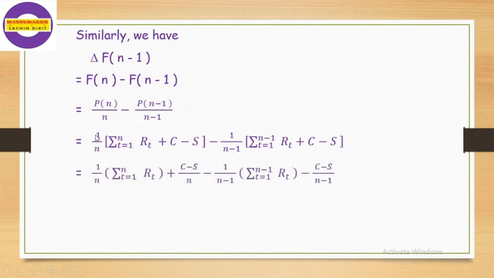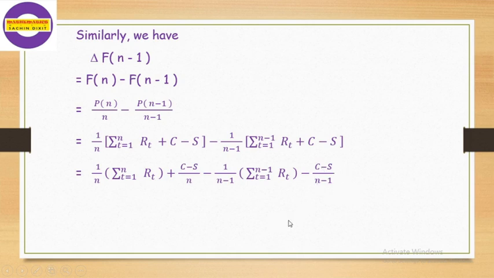Now again multiply this 1 upon n to this bracket and minus 1 upon n minus 1 to this bracket. We get the expression as 1 upon n summation t varies from 1 to n Rt plus c minus s divided by n minus 1 upon n minus 1 into bracket t varies from 1 to n minus 1 Rt. Then multiply this, therefore we get minus c minus s divided by n minus 1.